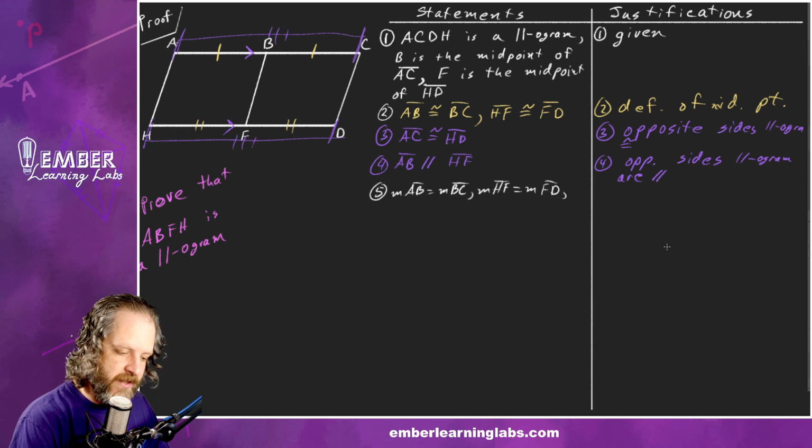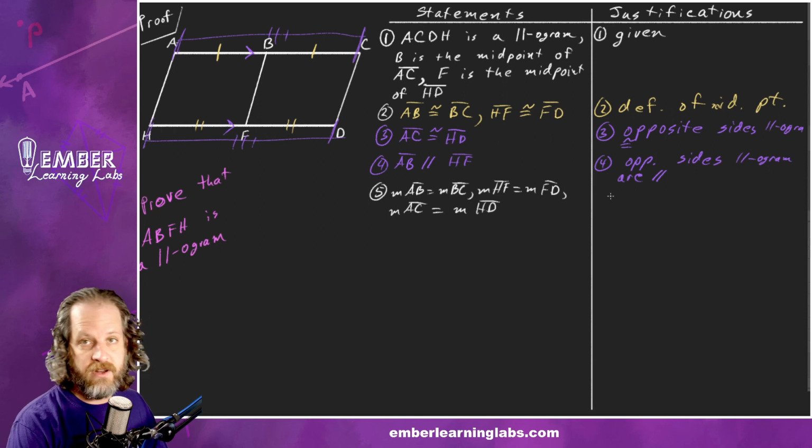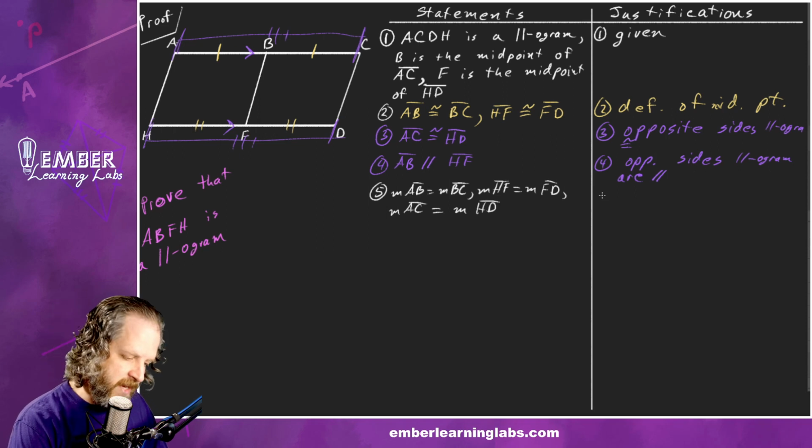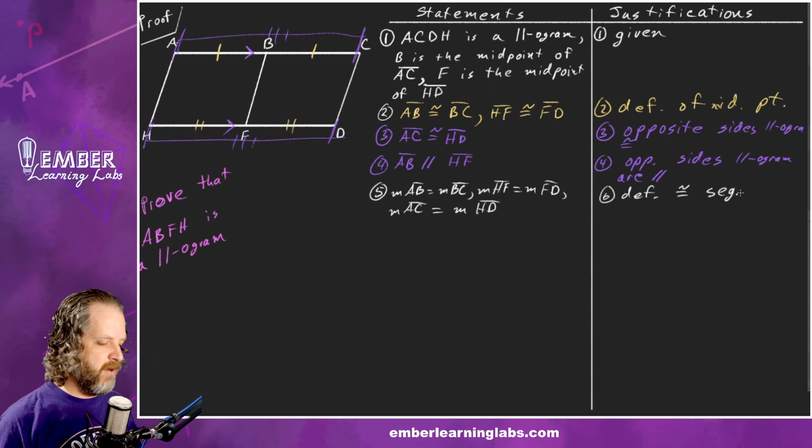And let's go ahead and throw this one in there too, same justification: the measure of AC equals the measure of HD, because of the definition of congruent segments. No big deal, right?